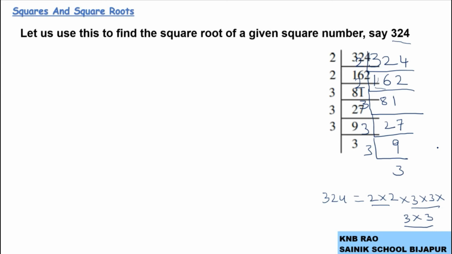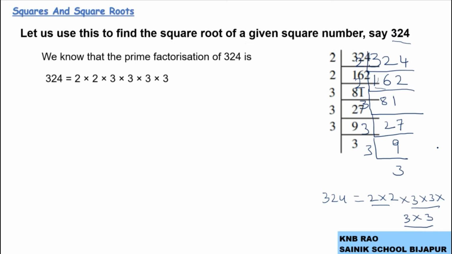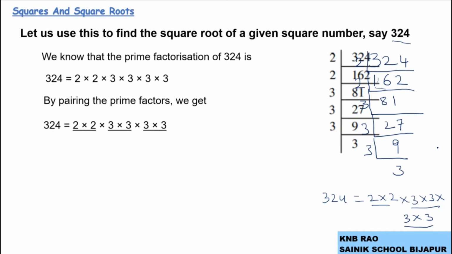So the same thing has come in animation. We know that the prime factorization of 324 is 2 into 2 into 3 into 3 into 3 into 3. By pairing the prime factors, we get 2 into 2 as one pair, 3 into 3 as one pair and 3 into 3 as another pair.